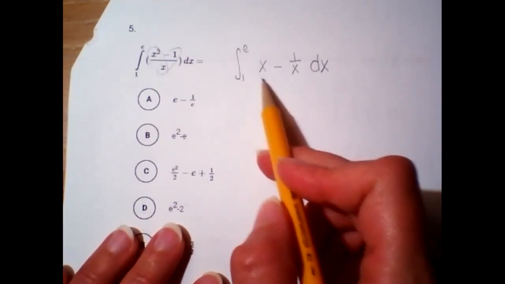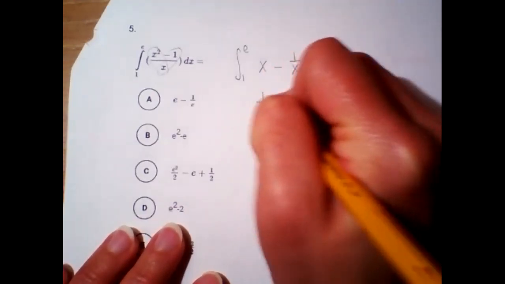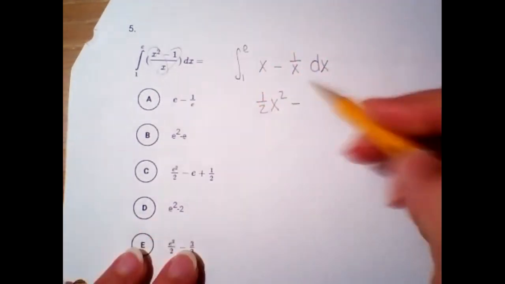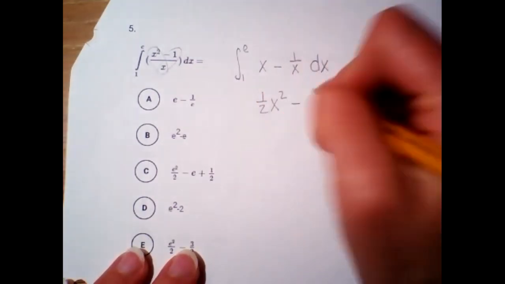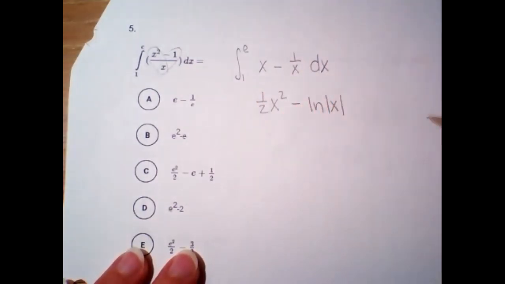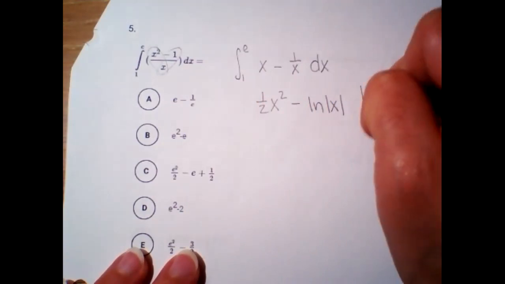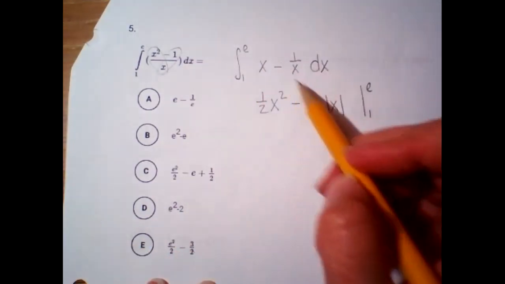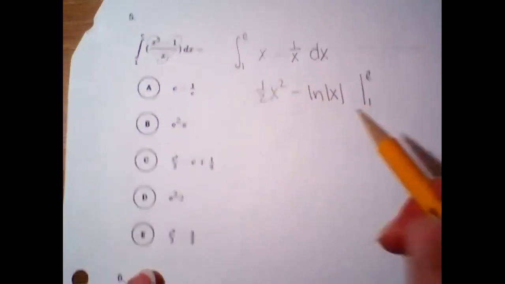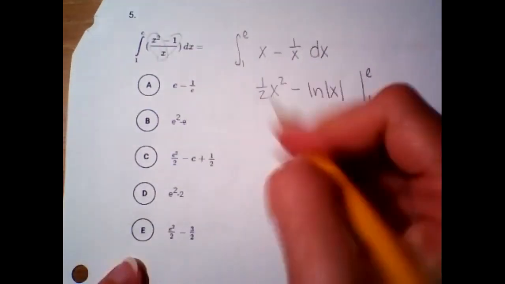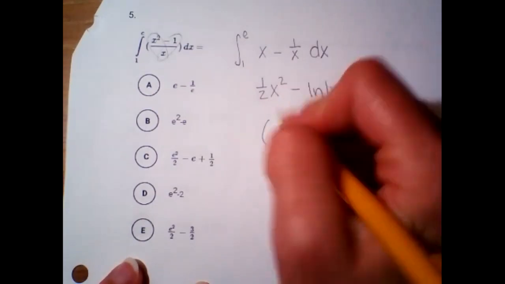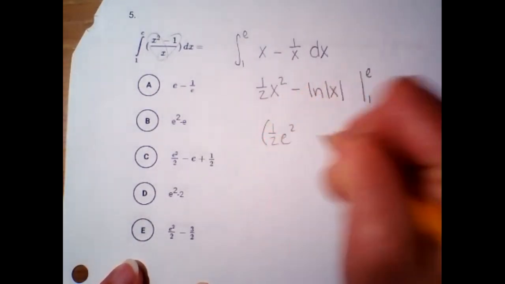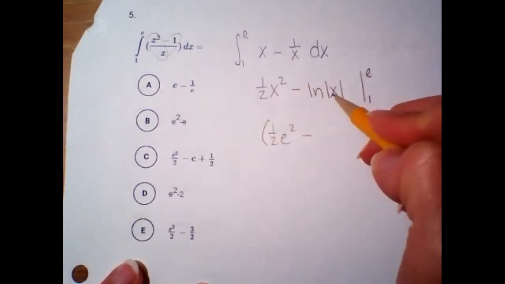So antiderivative would be 1/2 x squared minus, and then antiderivative for 1 over x would be ln of x. Which the e was kind of a hint there that we were probably going to end up with an ln at some point. So upper boundary, that would be 1/2 e squared minus ln of e.